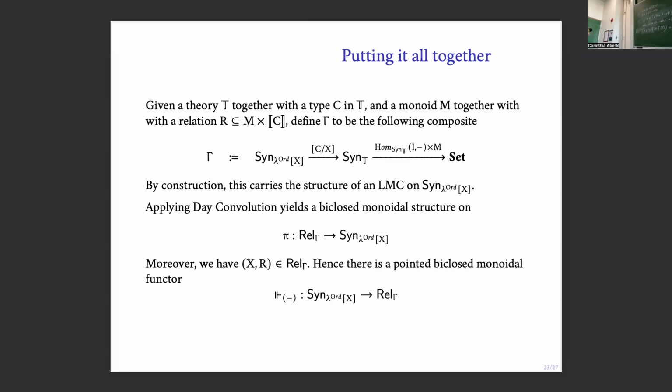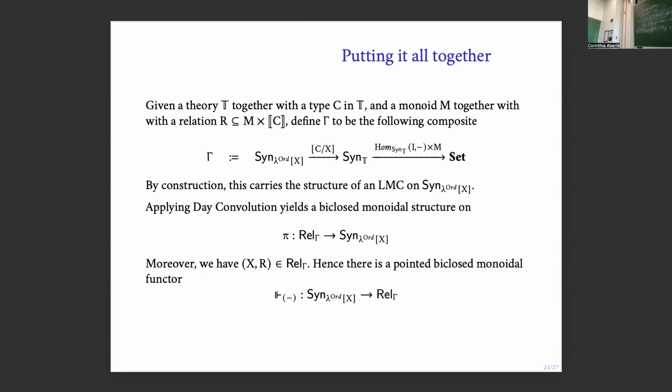And then we also have that the pair consisting of X and R is in this category of relations because R is a subset of M times closed terms of type C, which again, recall, is equivalent to global sections of the type C. The objects of this are pairs consisting of a type in here and a subset of the result of applying this to the type.